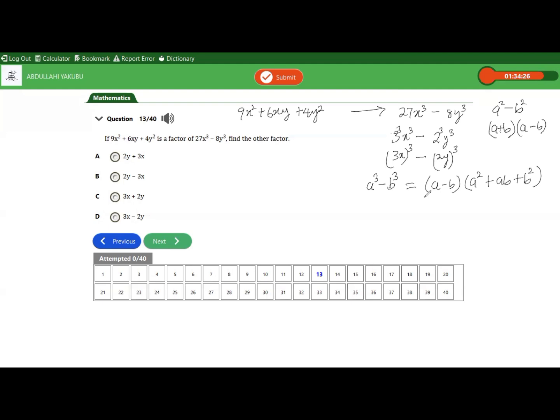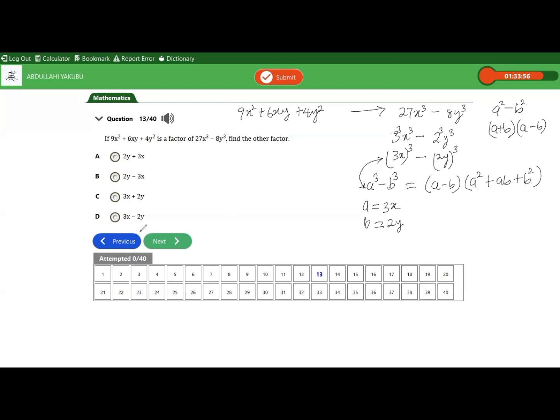So this is the expansion of a difference of two cubes. In that case, if you compare these two, it shows that a is the same thing as 3x, raised to power 3, minus, then b is the same thing as 2y.